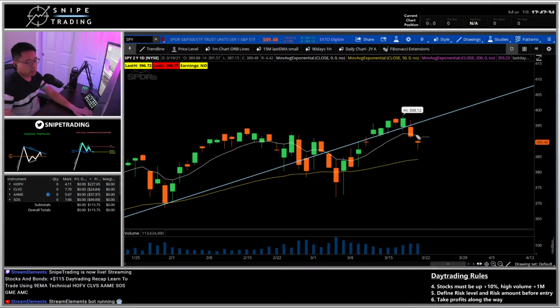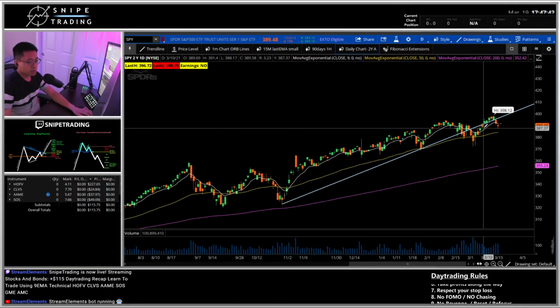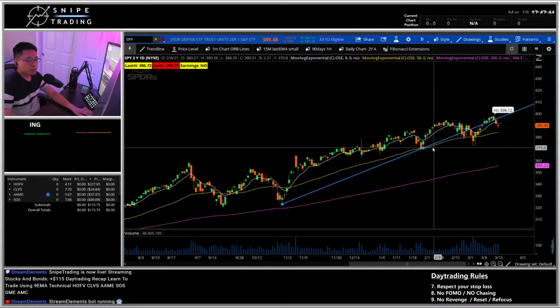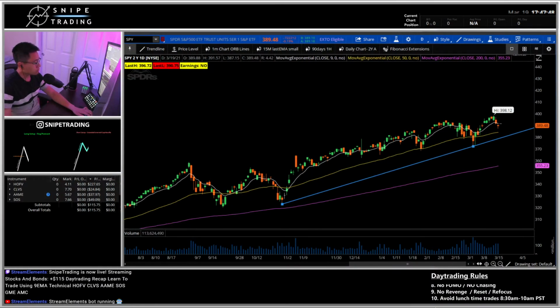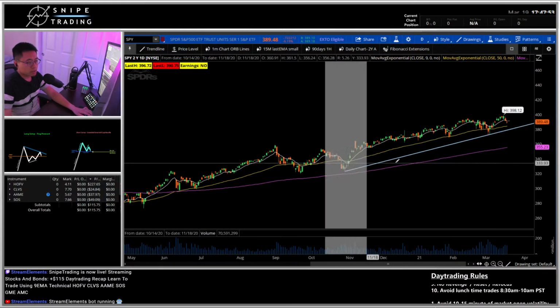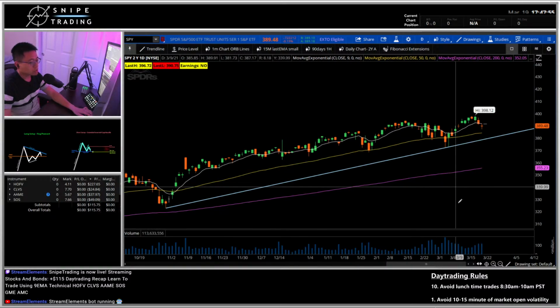Now it's below the 9 EMA, and pretty much in the morning there was maybe only a handful of stocks that were above 10%. So that was a sign of longs not working. So I took 2 longs here and none of them worked. So just gotta be careful during those times and just be patient. So that's why I only had 4 stocks to trade today.